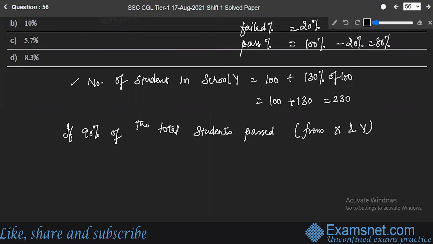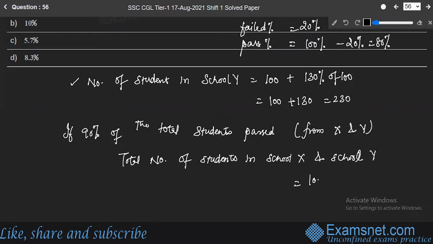Now, see the total, what is the total number of students in both the schools? Total number of students in school X and school Y is equal to 100 plus 230, which is equal to 330. So that means 90% of 330 passed.